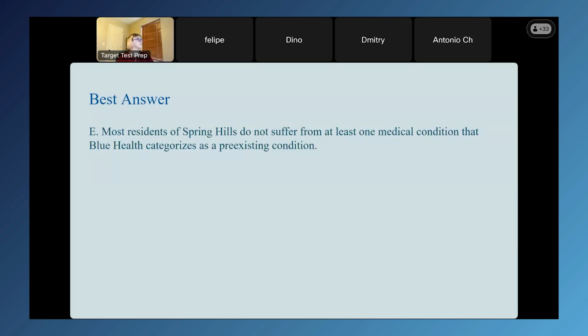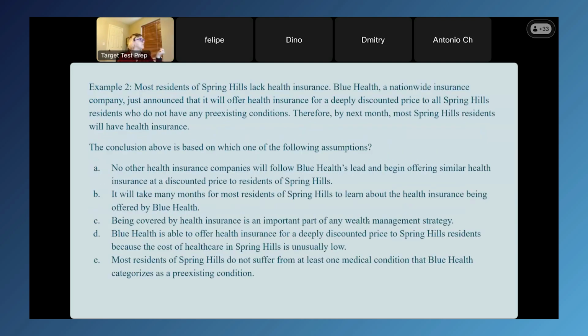Excellent. Having trouble between B and E. B is, okay, so this is something that you really have to notice. Usually in an assumption question, one answer will be a weakener. They love to throw that in.